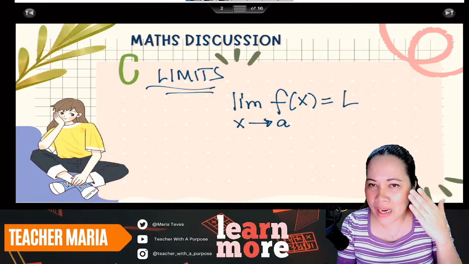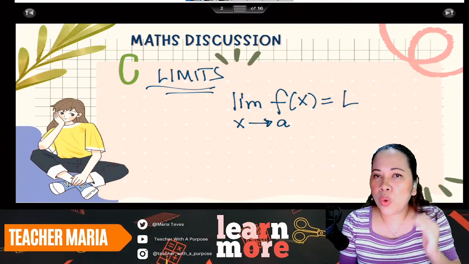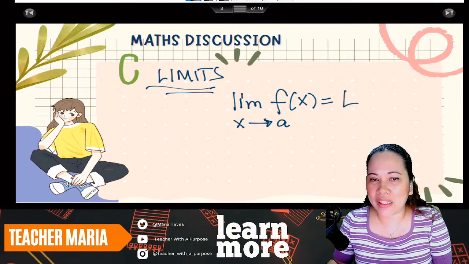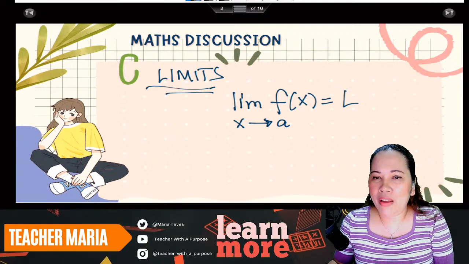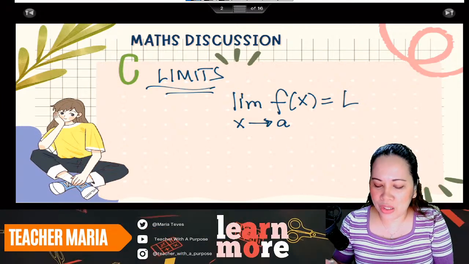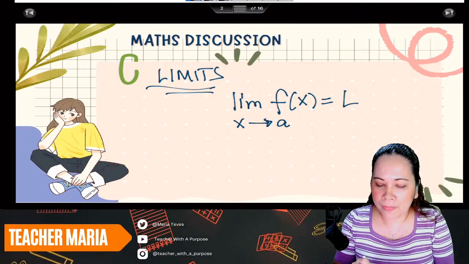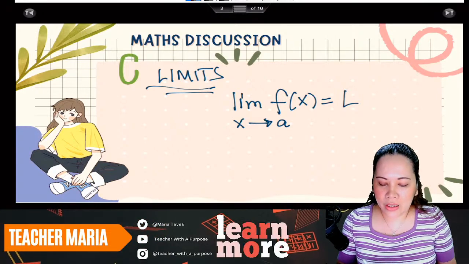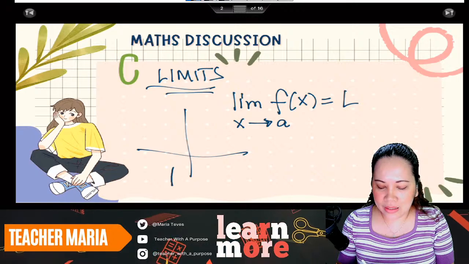So no matter how x approaches a, your function will always be approaching your L value. That is what we meant by limit. So if we have a certain graph, let's say you have a graph, and then you have this.